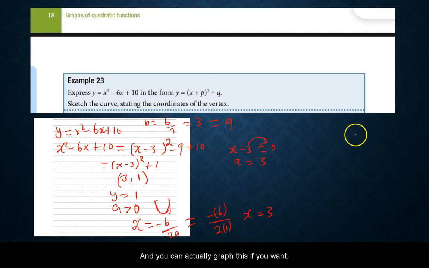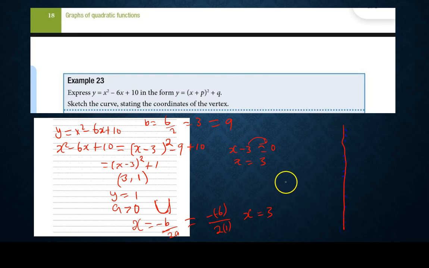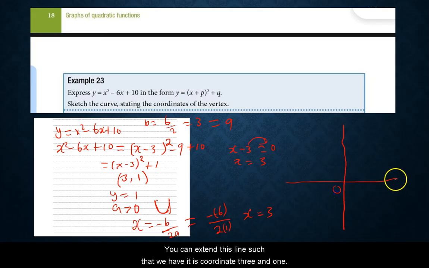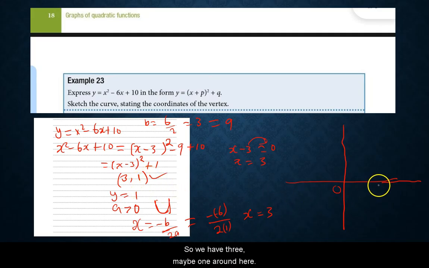And you can actually graph this if you want. In my sketch, we can extend this line a bit such that we have the coordinate 3 and 1, maybe around here.